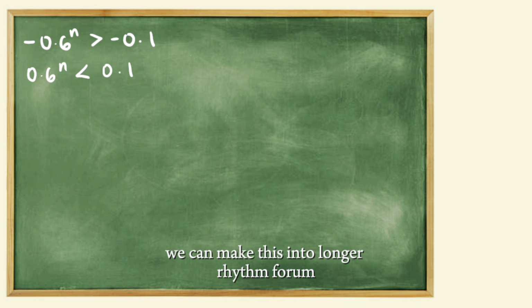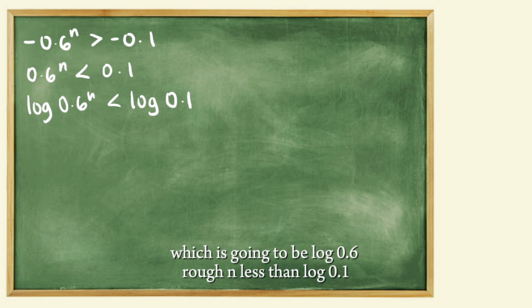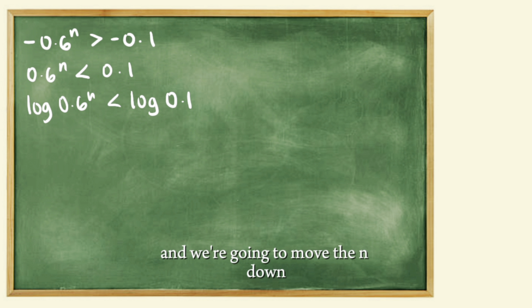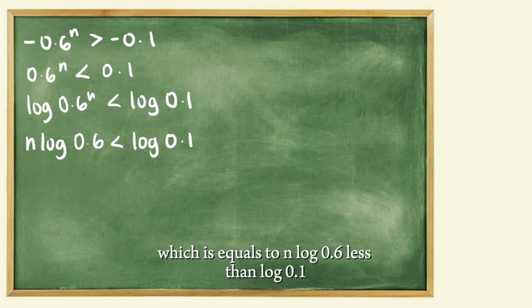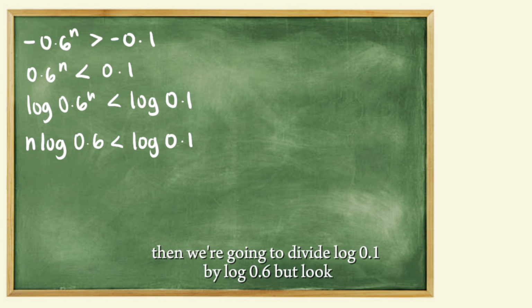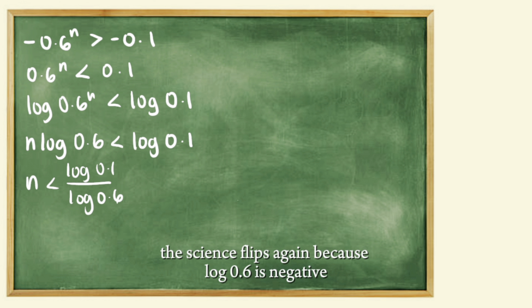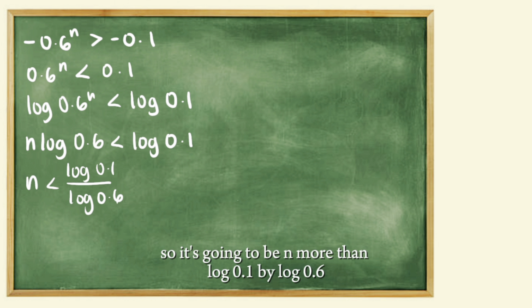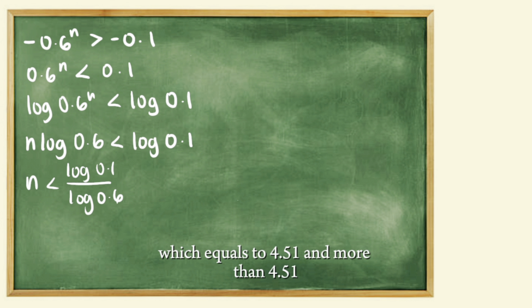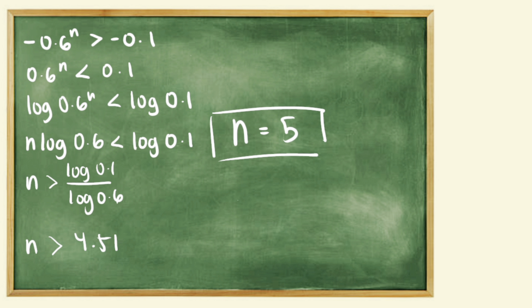We can make this into logarithm form, which is going to be log 0.6 to the power of n less than log 0.1, and we move the n down, which equals n log 0.6 less than log 0.1. Then we divide log 0.1 by log 0.6, but look, the sign flips again because log 0.6 is negative. So it's going to be n more than log 0.1 divided by log 0.6, which equals 4.51. n more than 4.51, so the answer would be 5.